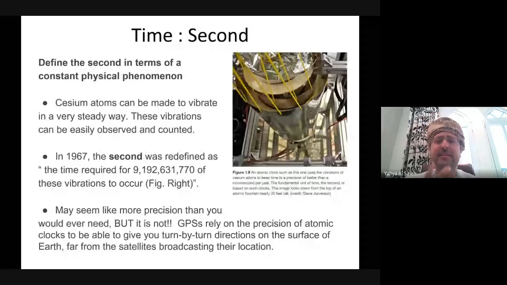Now, this might seem like a very, very complicated way and way too accurate. Why on earth would I need something that accurate? Actually, this is not more accurate than we need.